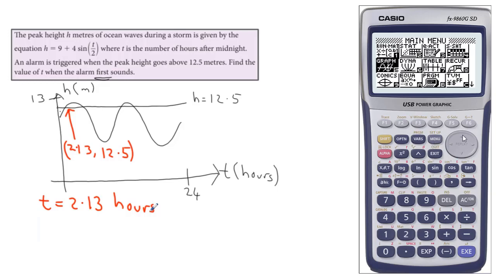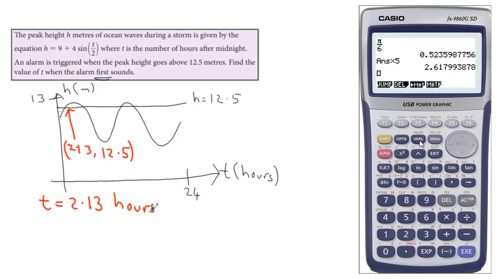So if we just go into the main calculator, go to option and angle, and put in the number 2.13. I probably should have kept a bit more accuracy, but never mind. Then go to this arrow and DMS. That converts it to degrees, minutes and seconds, which you can think of as hours, minutes and seconds. So that's saying 2 hours, 7 minutes, 48 seconds.